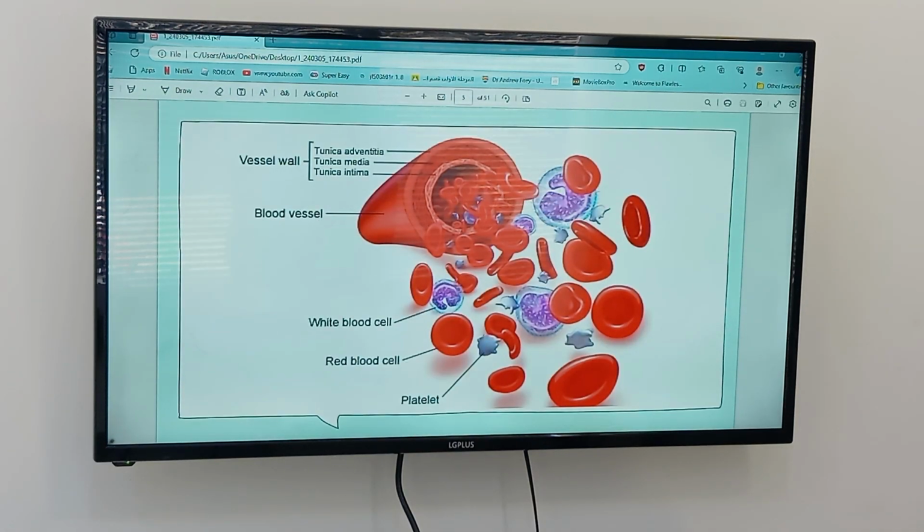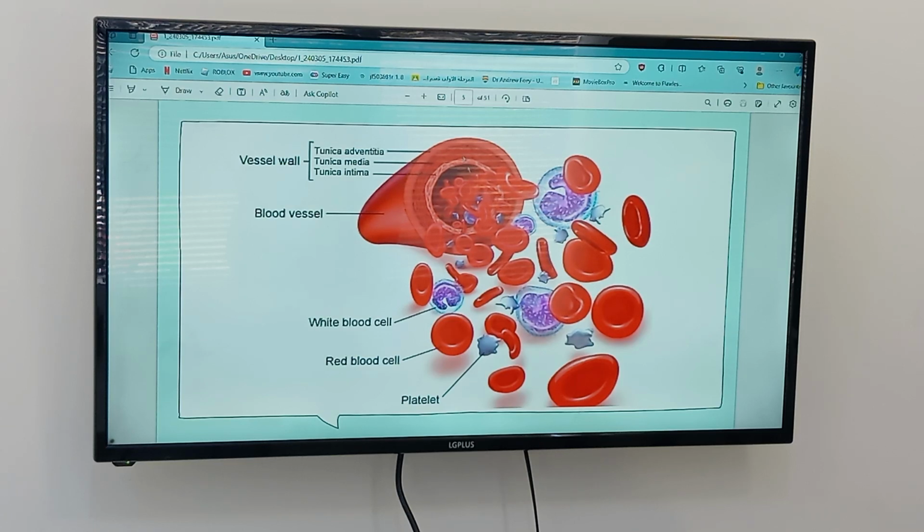This picture shows the anatomy of the vessel wall, such as the outer layer called tunica adventitia, and the middle one is tunica media, while the internal layer is called tunica intima.